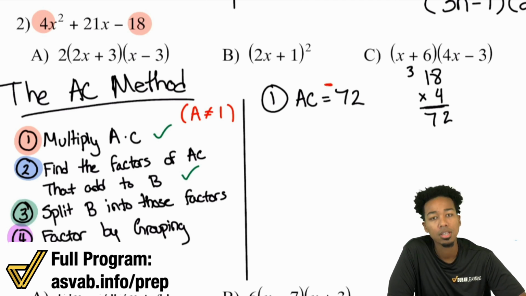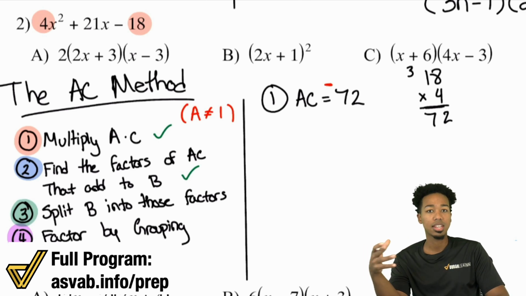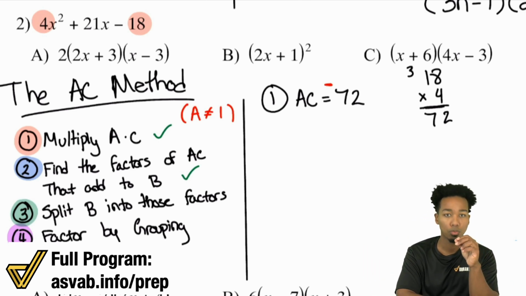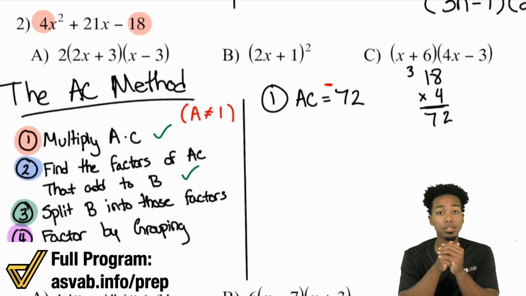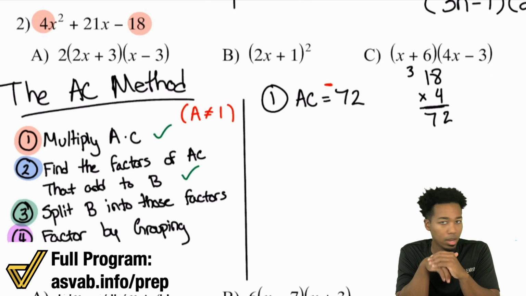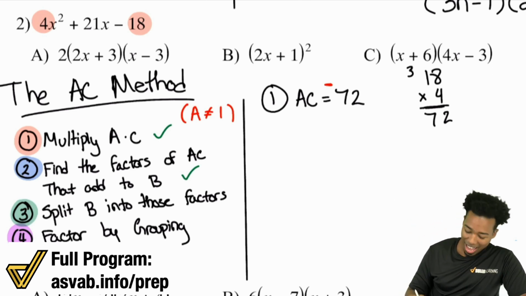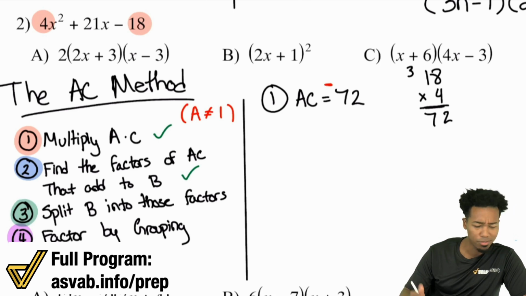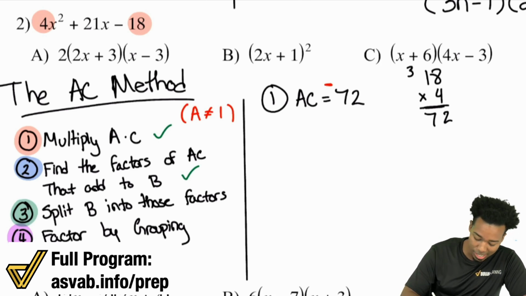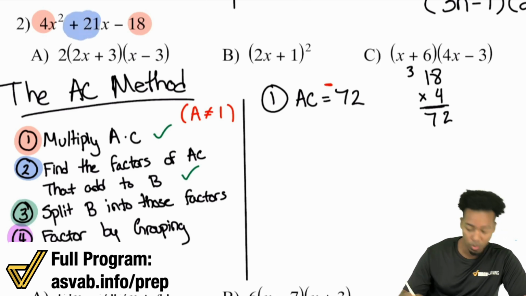Why do the signs matter again? Because when you're finding the factors of AC that add up to the B term, the sign matters, because you now have a negative product. The only way you can get a negative is if you have a positive times a negative. Only way. And so, when you look at B, when you look at the things that have to add up to B, just take a look, observe. Look at how cool this is, how easy this can be. You have a positive 21.